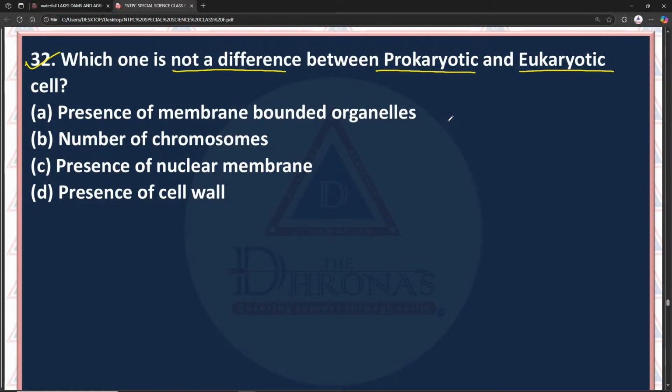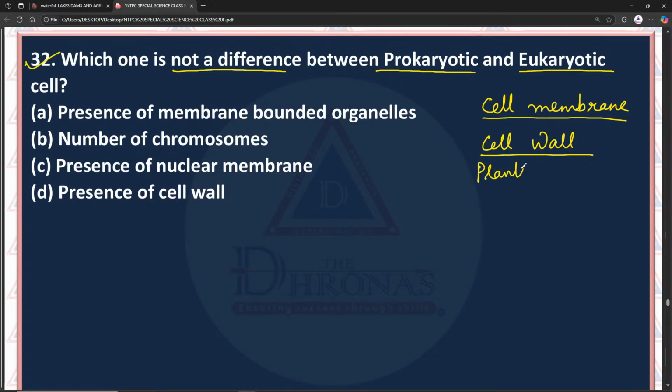पहले हम लोग डिस्कस कर रहे थे कि कुछ ऐसा स्ट्रक्चर है जो प्रोकैरियोट में भी प्रेजेंट रहता है, यूकैरियोट में भी प्रेजेंट होता है, जैसे कि सेल मेम्ब्रेन. सेल मेम्ब्रेन से हम लोग डिफरेंशिएट नहीं कर पाएंगे कि which one is prokaryote and which one is eukaryote. Another structure is there, that is cell wall. It is also present in prokaryote and eukaryote because cell wall is present in plants, fungi, that means these are eukaryotes, along with some bacteria.